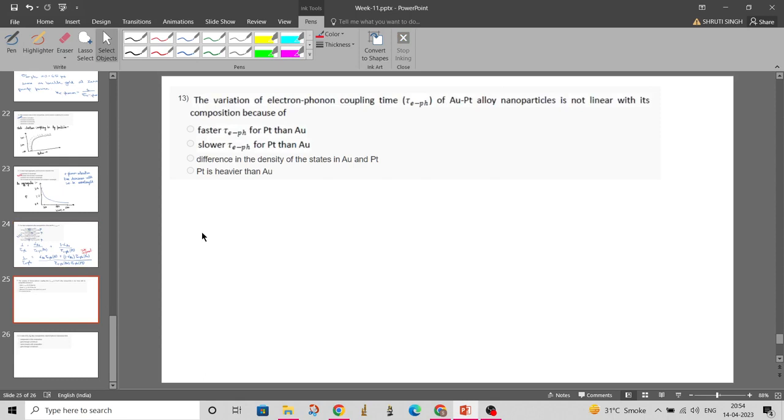The 13th question is, the variation of electron-phonon coupling time of Au platinum alloy nanoparticle is not linear with its composition because of a difference in the density of states of Au and platinum.